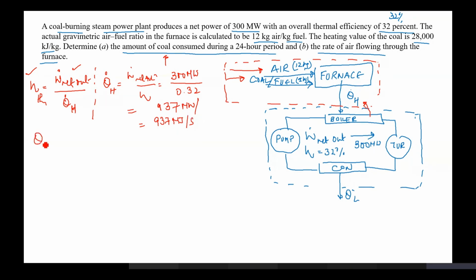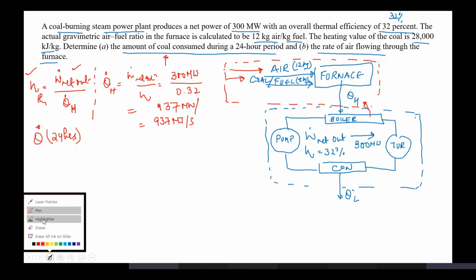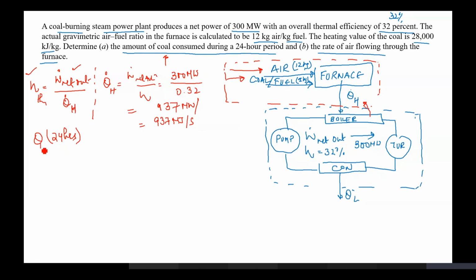Can I find out Q dot for 24 hours? Or sorry, not Q dot, it is QH. Can I find QH for 24 hours? Sir, multiply by 3600 multiply by 24. Very good. So you have 937 megajoules per second.